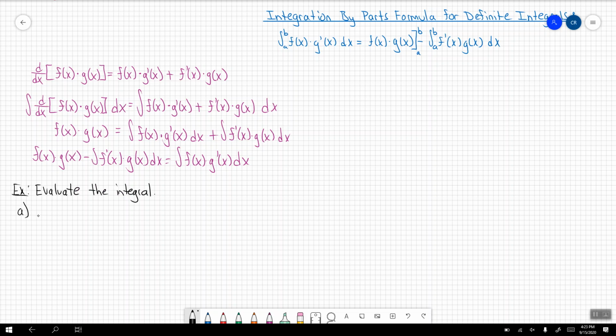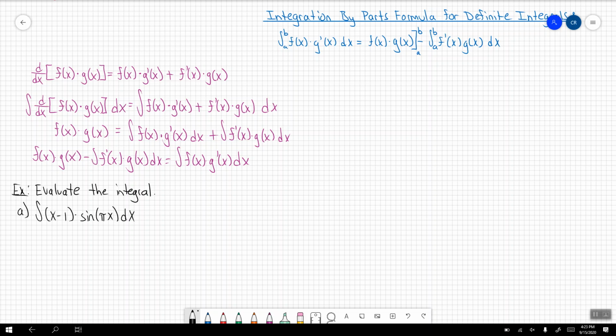Part A is going to be the integral of the quantity x minus 1 times sine of pi times x dx. Now again, you're going to see that if you try to do substitution, substitution will fail. In that instance, we then go into integration by parts.